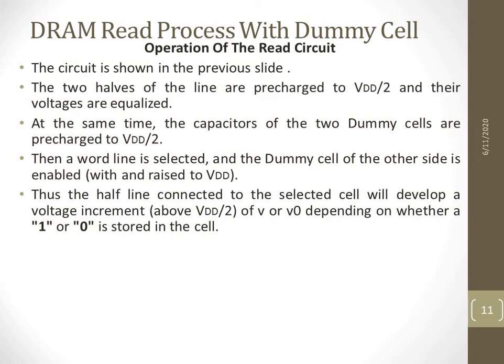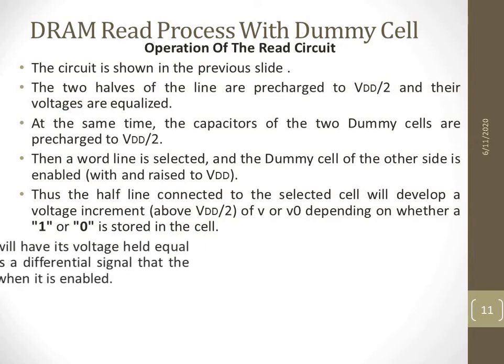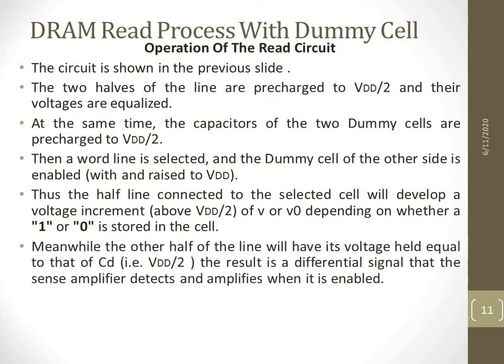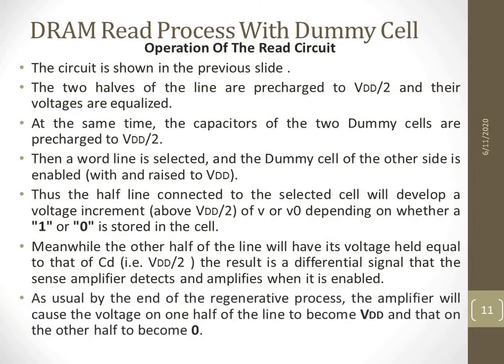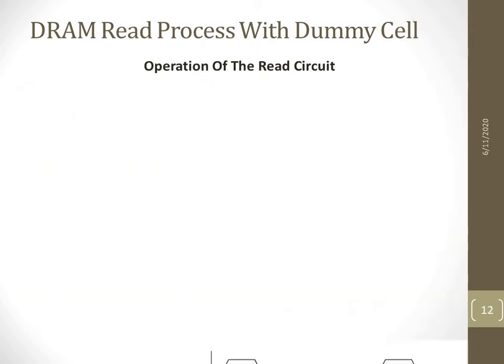Thus, the half line connected to the selected cell will develop a voltage increment greater than VDD by 2. It can be V1 or V0 depending on whether a 1 or 0 is stored in the cell. Meanwhile, the other half of the line will have its voltage held equal to that of the dummy cell. The result is the differential signal that the sense amplifier detects and amplifies when enabled. As usual, by the end of the regenerative process, the amplifier will cause the voltage on one half of the line to become VDD and that on the other half to become 0.